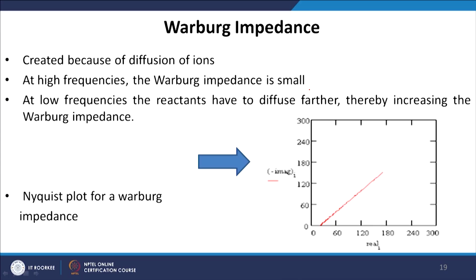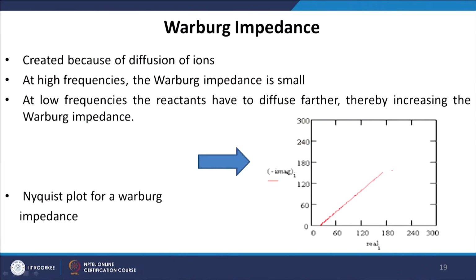When the frequency is high, the number of vibrations per unit time is very high, so they will not feel that much impedance, and that is why the value of the impedance is small. The ions are considered massive charged particles. But when the frequency is low, they have to diffuse further, and thereby the value of the Warburg impedance increases.